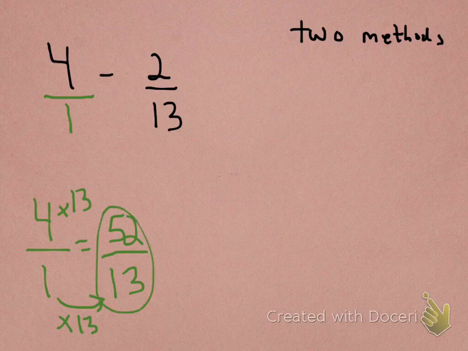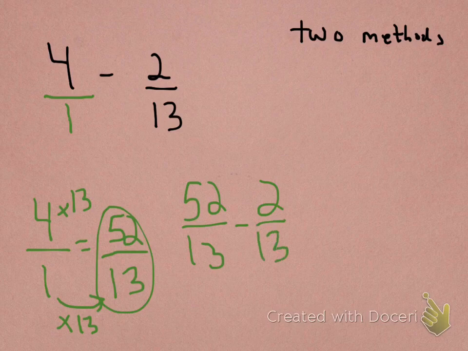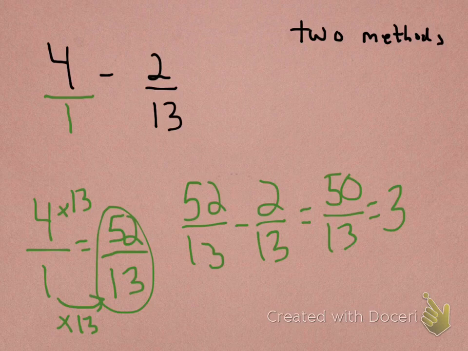Now we're looking at 52 thirteenths minus 2 thirteenths, which is going to be 50 thirteenths. Okay, and again, don't leave it like that because the numerator is bigger than the denominator. So 3 thirteenths makes 39 with 11 left over out of 13. That's our mixed number.